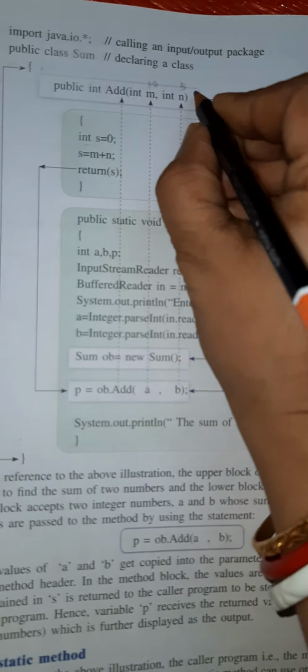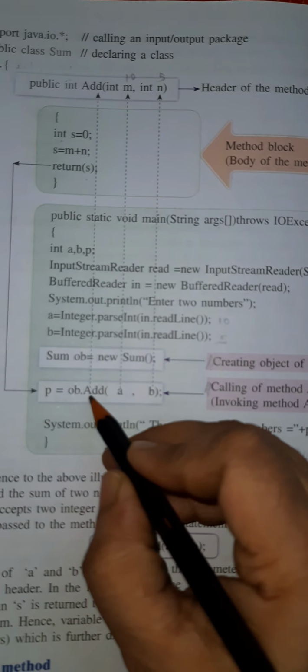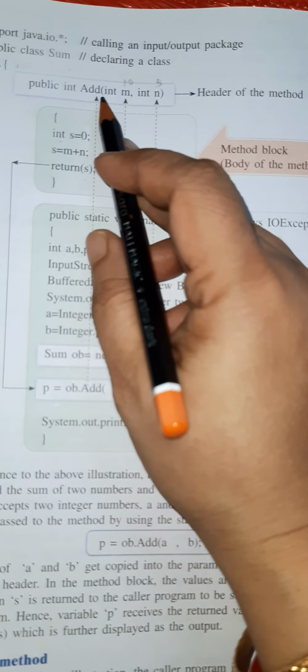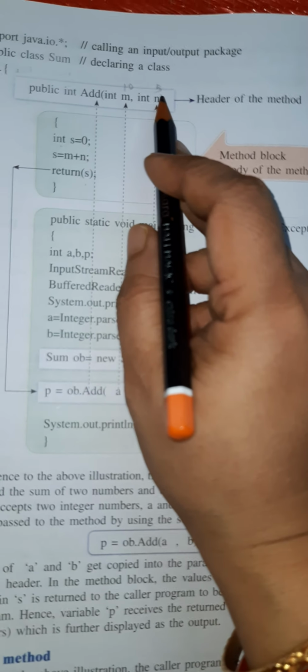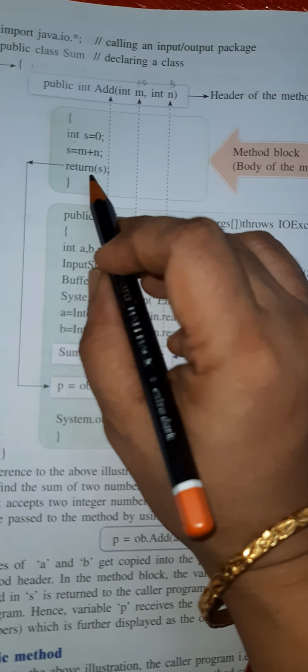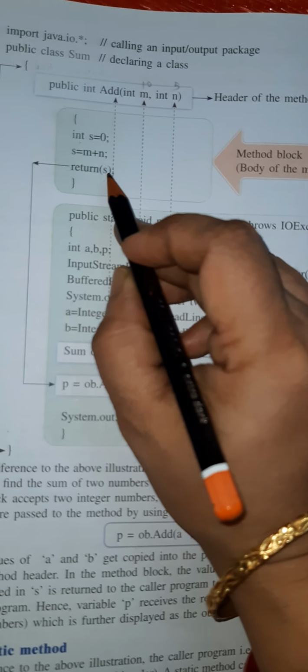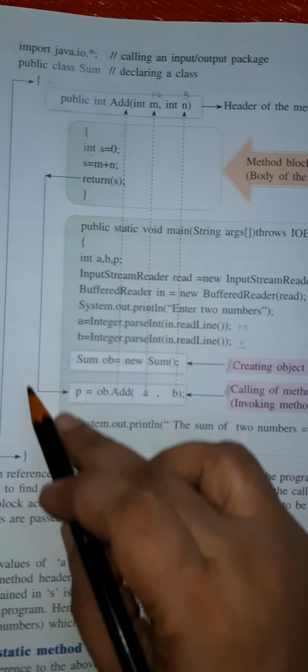So with ob.add, the add method gets 10 and 5, so it becomes 15. S is declared as 0, so we got the value of s as 15. It is returning s, so s is returned here.